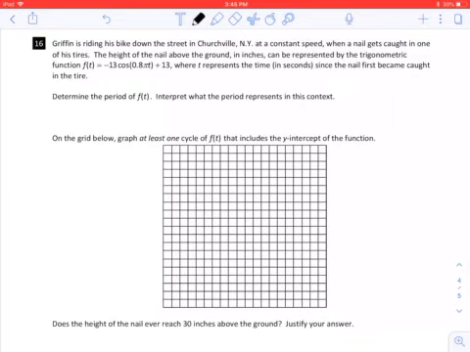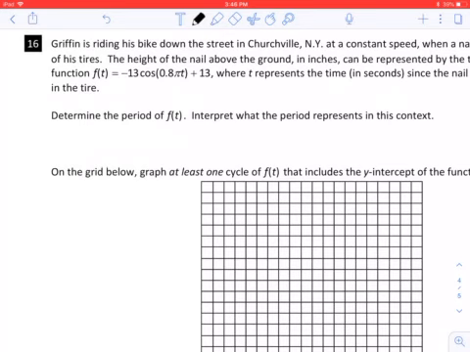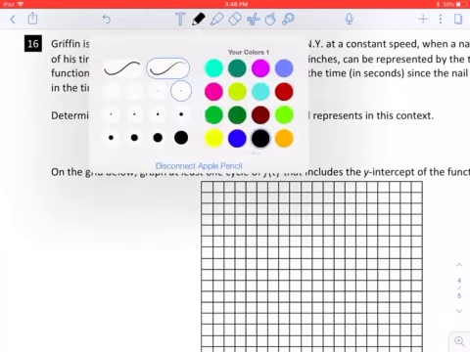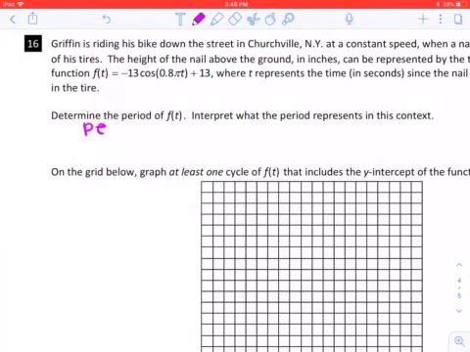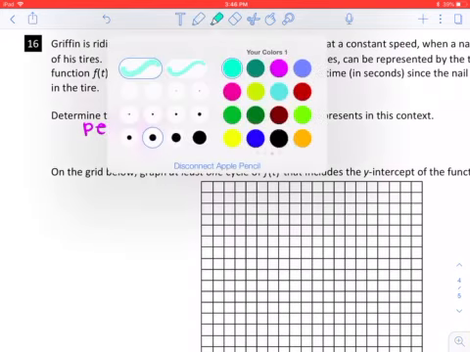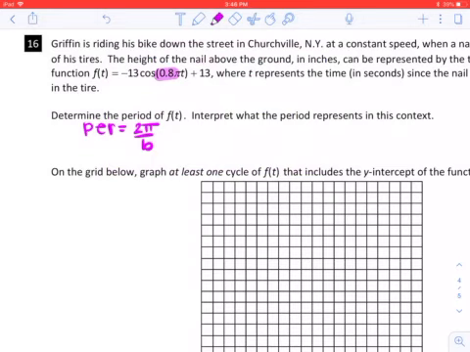So whenever it's telling me in context, that means that I need to be using what the word problem is actually talking about. So your period, you find that by using the formula that we learned. So period equals 2 pi over b. We know that my b value is 0.8 pi. So the period equals 2 pi over 0.8 pi.